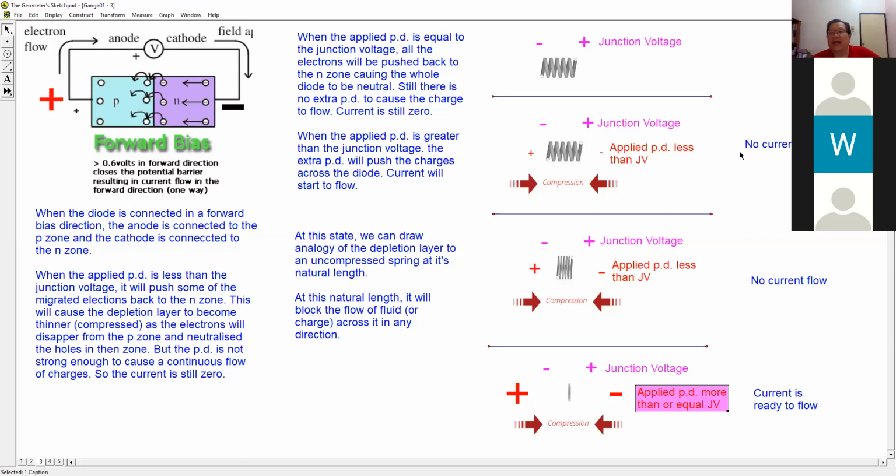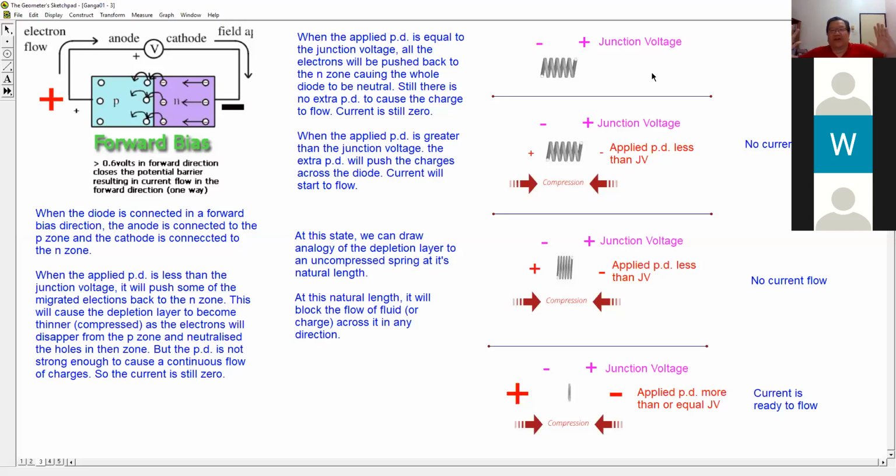So far, any question? If you don't understand what is happening inside the PN junction here, you just look at the analogy. The analogy is a spring. The spring is actually the junction voltage. It is stretched out in this state.